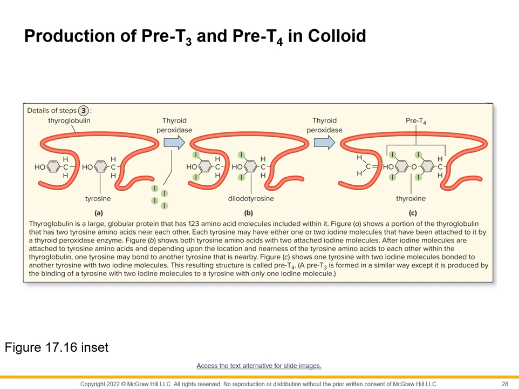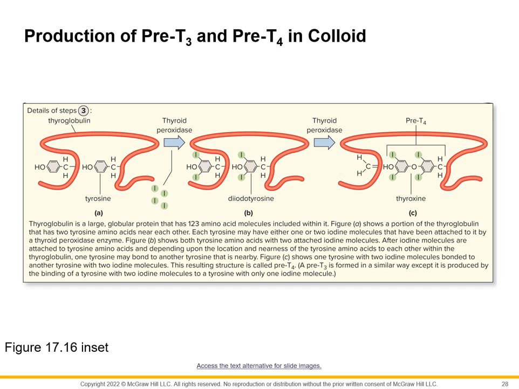So what you can end up with is two diiodotyrosines. You can have one and then another, and they bind together, and that forms something called pre-T4. The 4 in T4 comes from the 1, 2, 3, 4 iodine molecules. Or you could have one that only has one iodine and another that has two, and those join and form something called pre-T3.